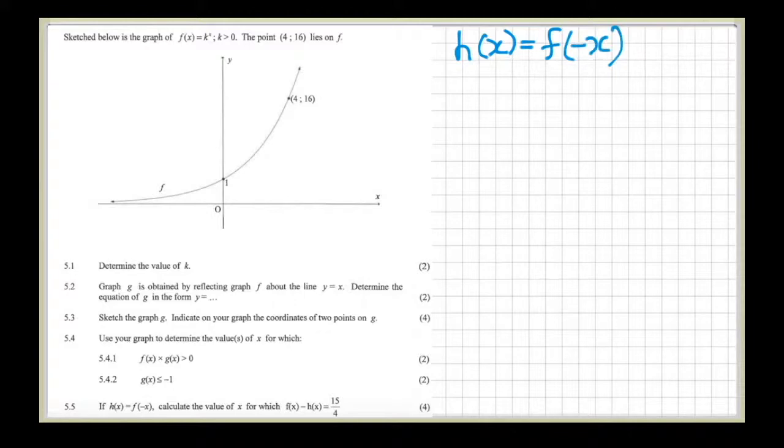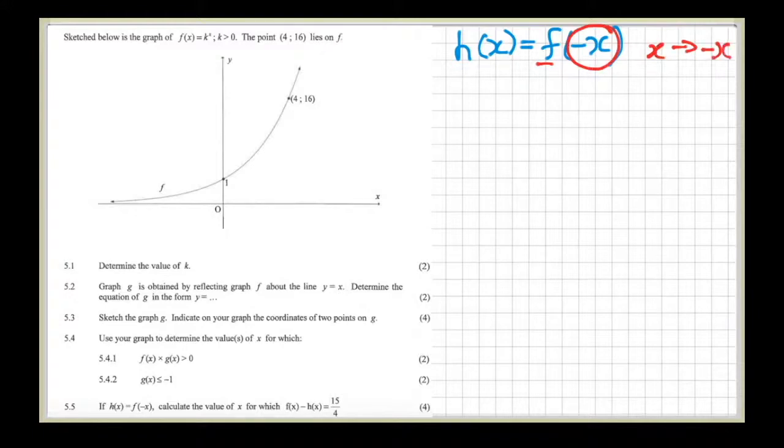Now, h of x equal to f of negative x. What I just like to do before actually attempting it algebraically, I personally like to look at what does it mean. It means for the f function, I took the normal x values and I made them negative x.